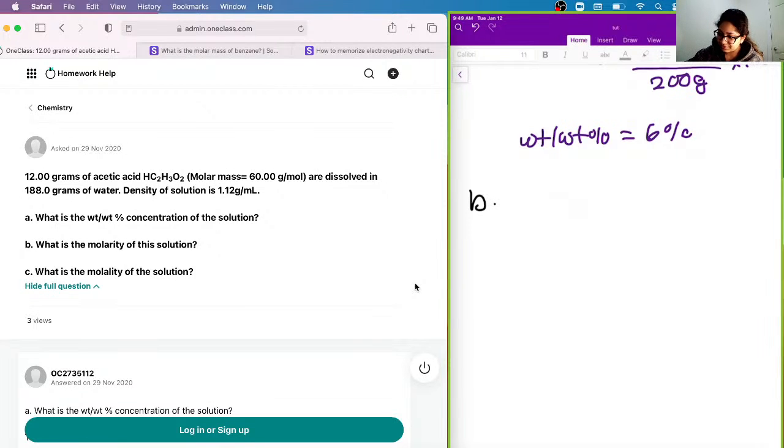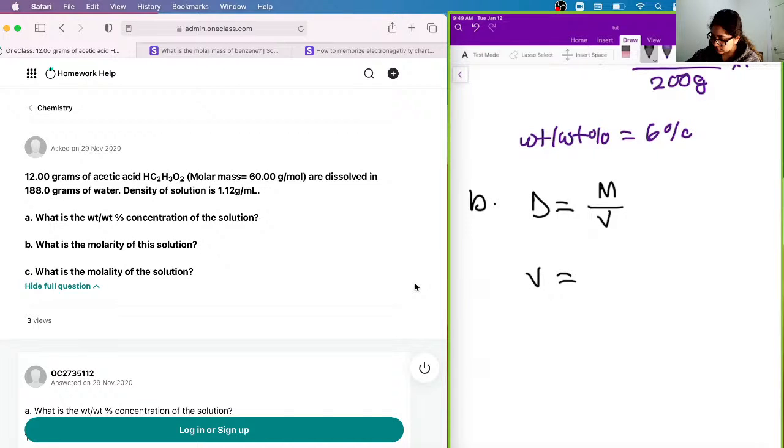So recall that we can find volume from our density equation, where density is equal to mass over volume. So to rearrange this equation, we have volume is equal to the mass of our whole solution, which is 200 grams.